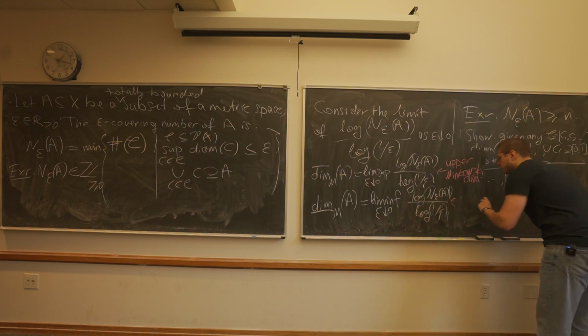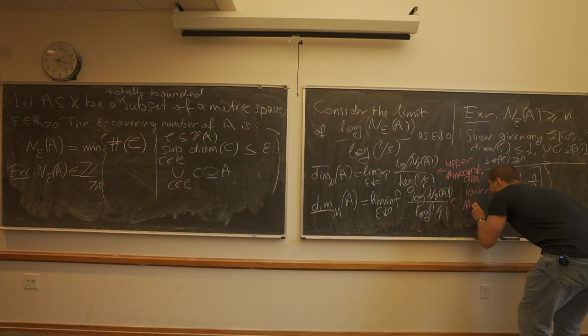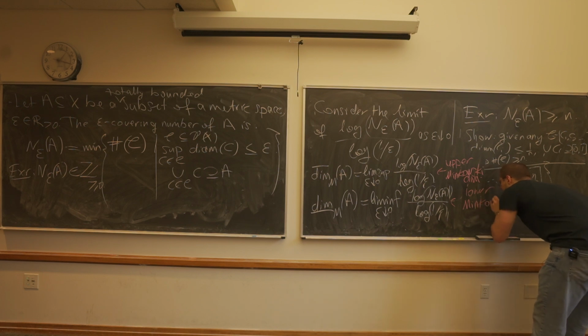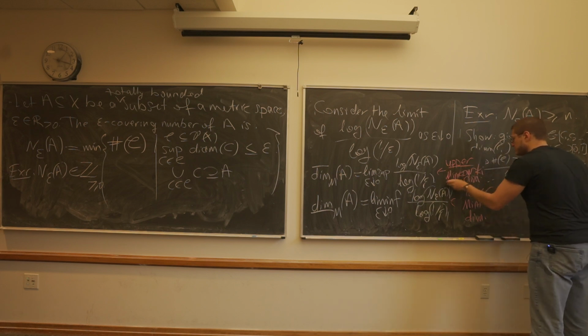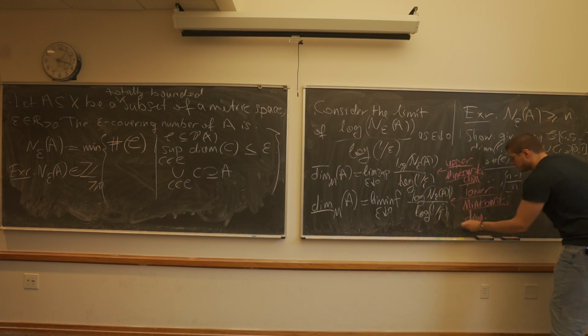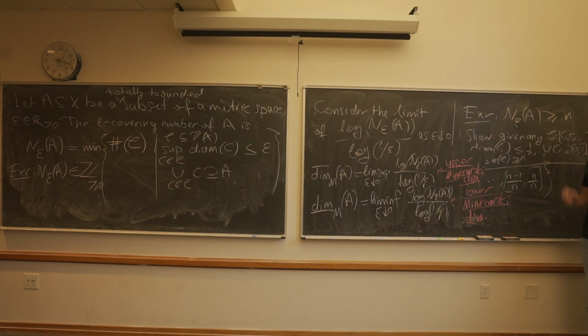And this lim inf too always exists, and this is the lower Minkowski dimension. So we have two new notions of dimension for a subset.